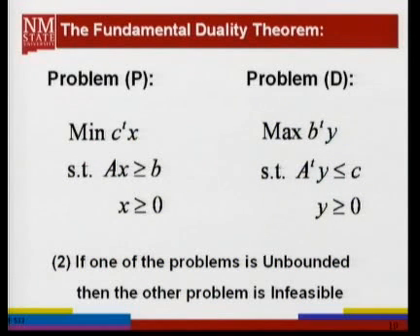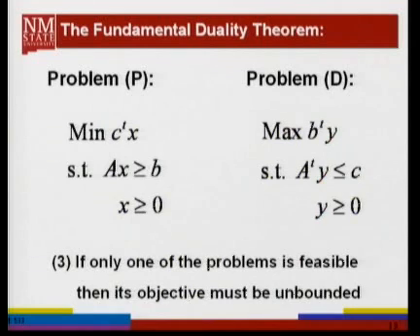Second, if one of the problems, either the primal or dual, has an unbounded objective, then the other problem is infeasible. Third, if only one of the problems is feasible, then its objective must be unbounded over the feasible region.